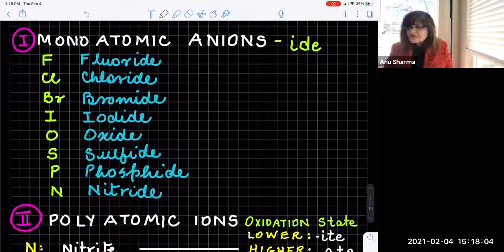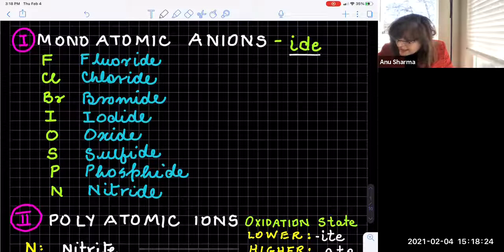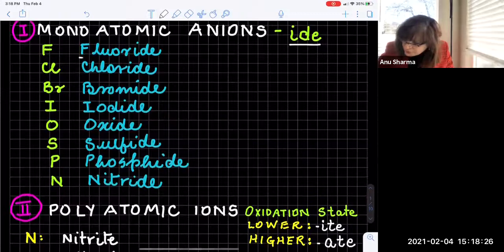Now let's look at the monoatomic anions. If it is just fluorine, chlorine, bromine, iodine, oxygen, sulfur, phosphorus, and nitrogen, then how do we write their formula and their names? As you've seen, all of their names end in "ide." So fluorine is fluoride. And what does the formula look like?